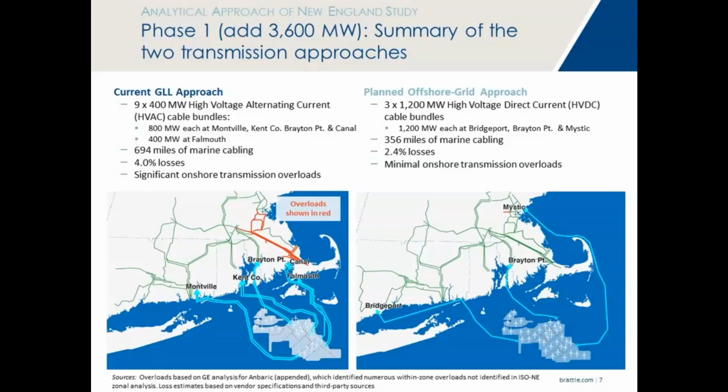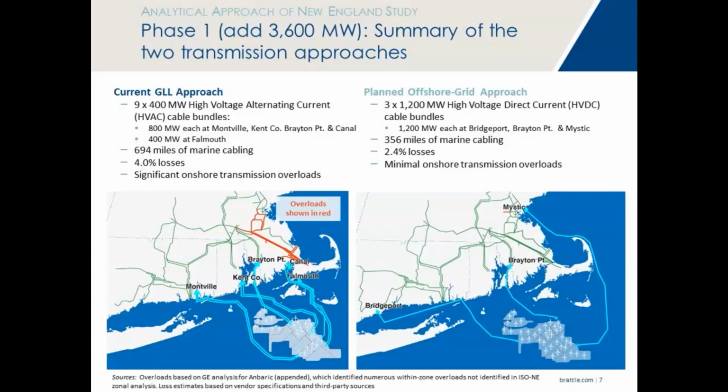So these gen-ties, while cost-effective from a long-term planning perspective, might not come about from individual bids, because this generator might not be cost competitive if they bid a gen-tie into Mystic and have to compete with a generator like here, who just goes into a closer point. Moreover, HVDC lines that the planned approach would be using are more expensive than AC lines.